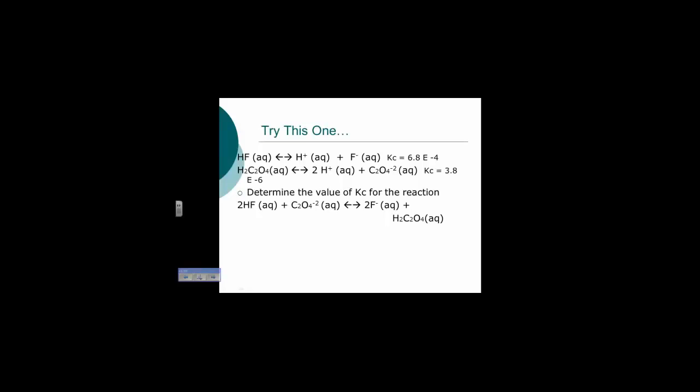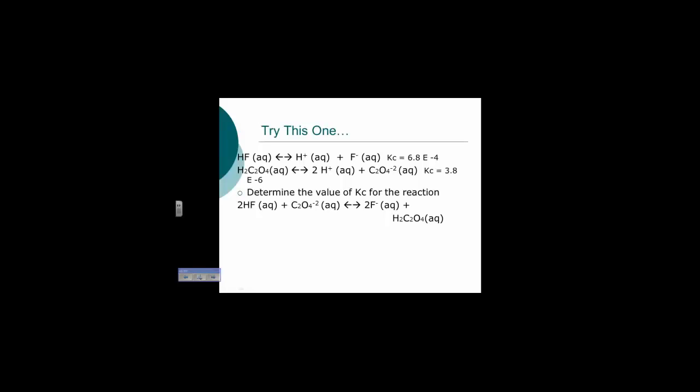In this chapter, we use K constants for equilibrium. Thermodynamics would have us do that for enthalpy delta H. Here's an equation. It's written down for us in our note pack. HF, aqueous, in dynamic equilibrium with its ions, hydrogen ion and fluoride ion. I see a Kc value 6.8 times 10 to the negative 4.